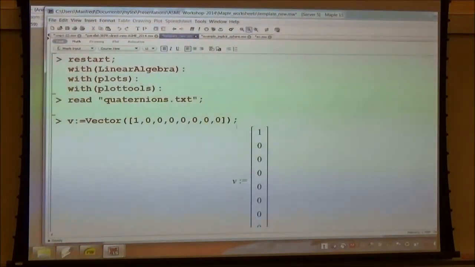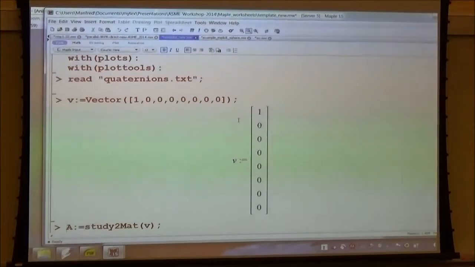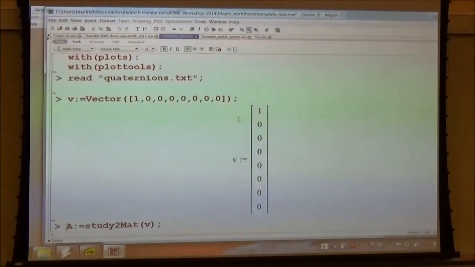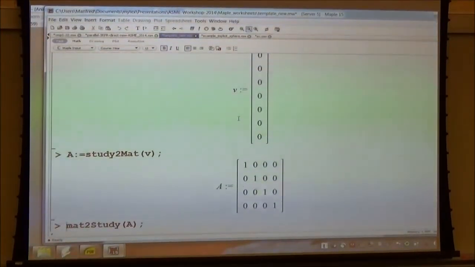Okay, now we have this vector. There is a command called studi2mat, which essentially does the same as what I have shown before. And of course, the unit quaternion corresponds to this thing.